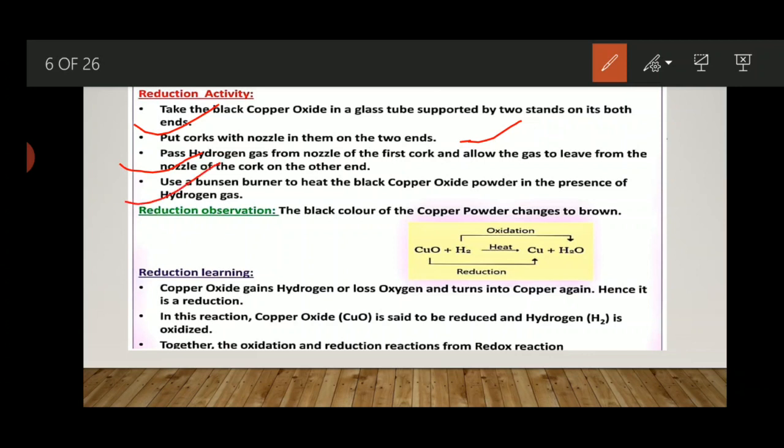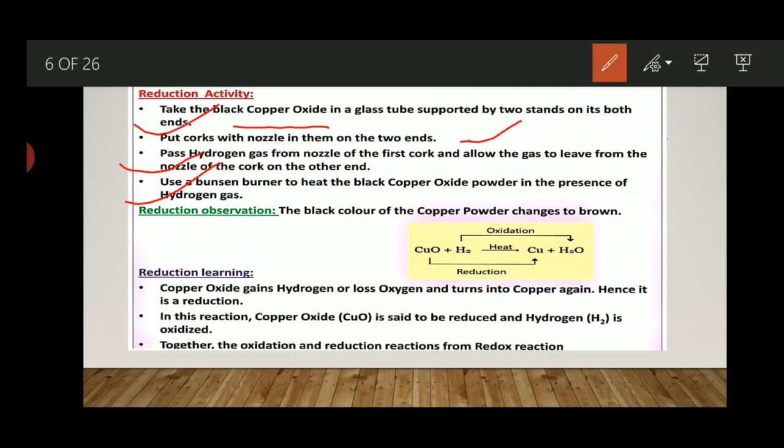You have to take black copper oxide in a glass tube supported with two stands on both ends. After that, you have to put corks with nozzles and pass the hydrogen gas through it. Then heat the copper oxide with the help of a Bunsen burner.